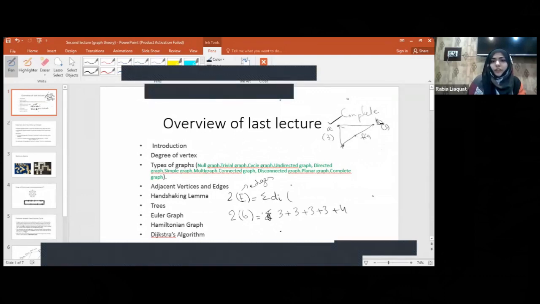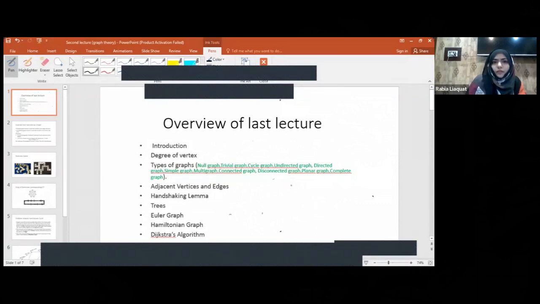Next, we will talk about trees. What is a tree? A tree is just a simple path. No loops, no multiple edges, no making of any cycle.